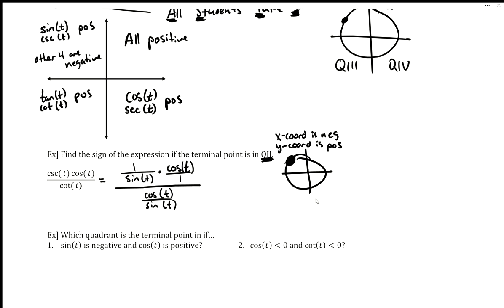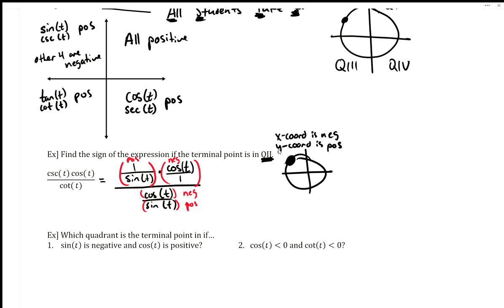That way, I can look at these and break it down using my unit circle or using the saying. If I'm in quadrant 2, I know that this is going to be positive because it's sine. Sine is connected to the y-coordinate. The 1 doesn't impact the sign, so it's automatically positive. The cosine part would be negative. Down below, I have a cosine, which is negative, and then a sine, which is positive.